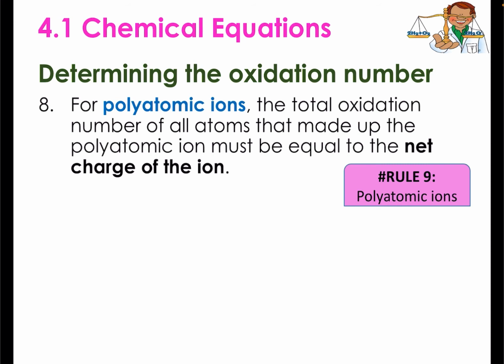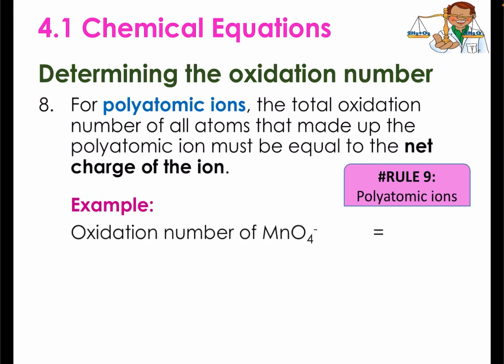So, for example, saya ada MnO4 minus, nilai oxidation number for the whole MnO4 minus adalah mengikut charge di sini, iaitu negative 1. Saya ada case Cr2O7 2 minus. So, how I want to determine the oxidation number for this polyatomic ion?